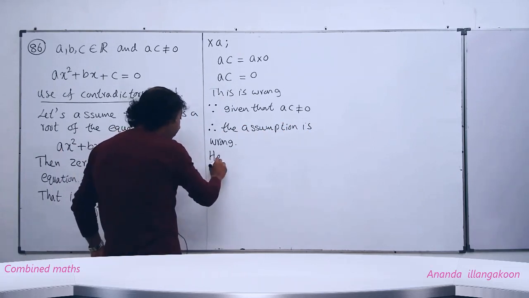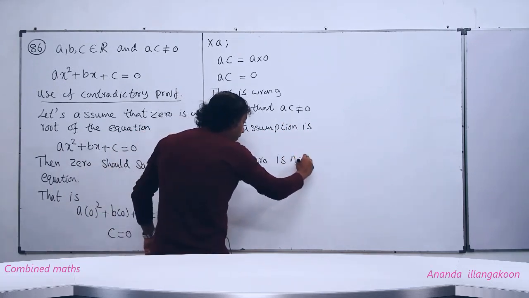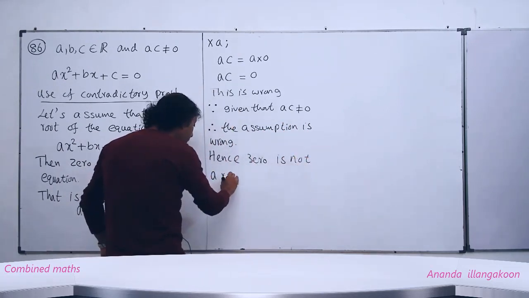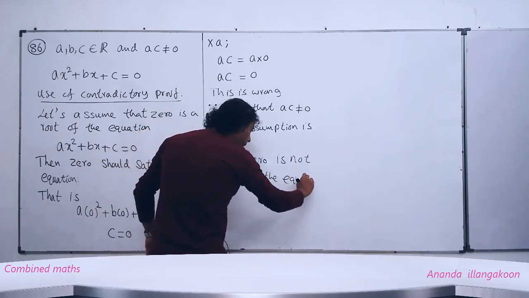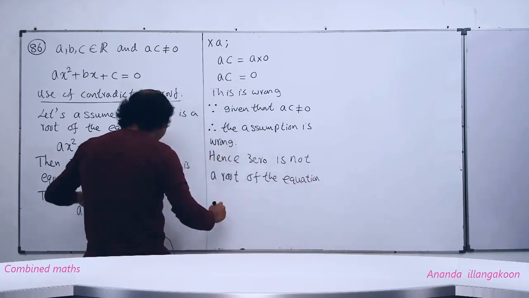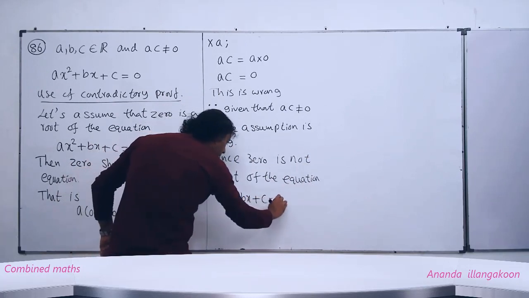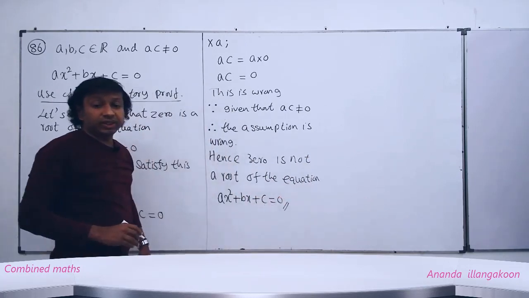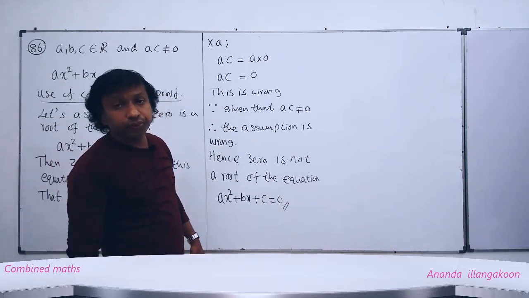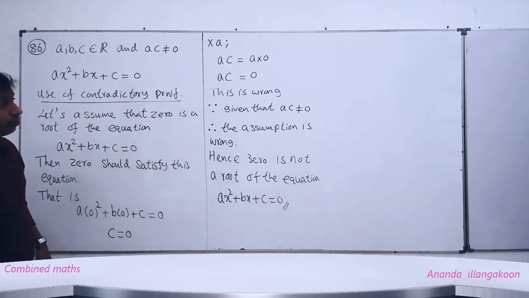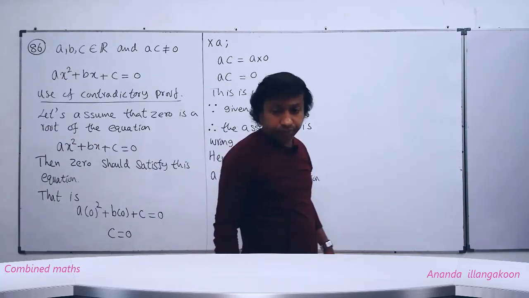Hence, 0 is not a root of the equation ax squared plus bx plus c equals 0. So people, see here, this is the proof by contradiction. Understand? This is how we prove it.